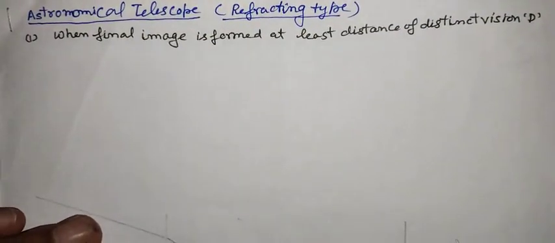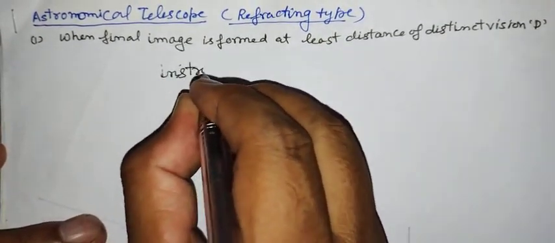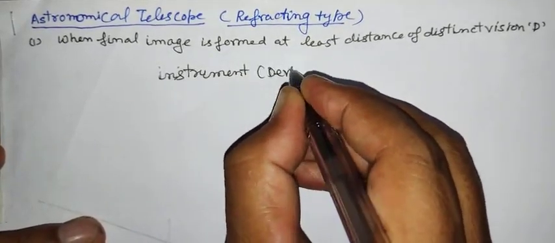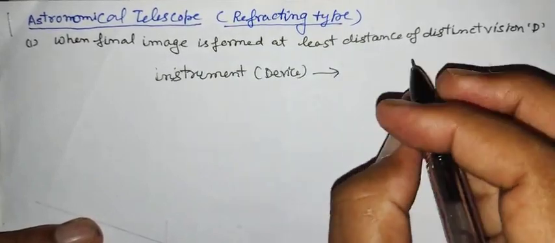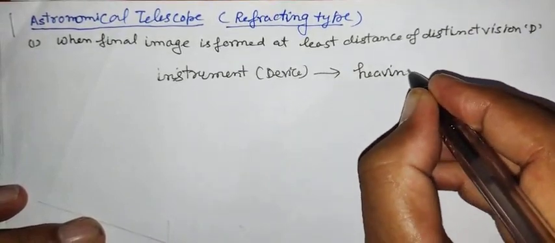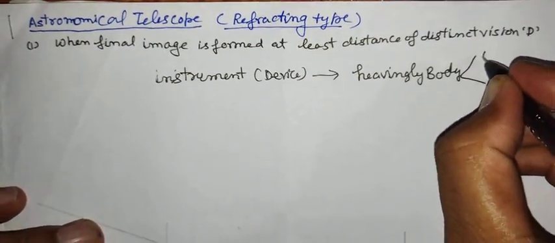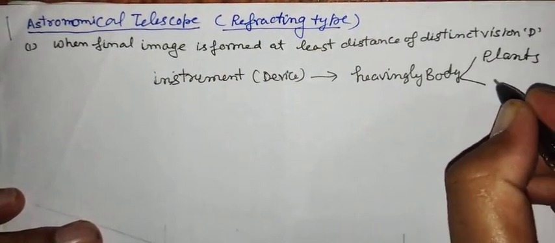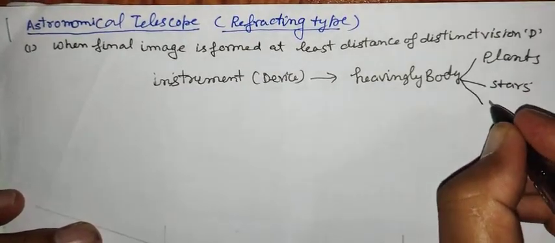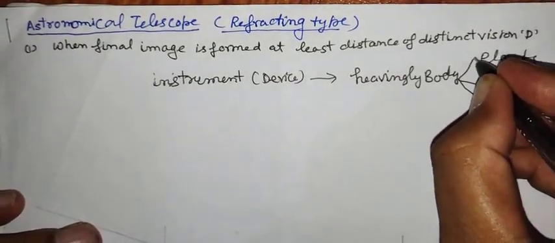We know that a telescope is an instrument, also called a device, to see heavenly bodies such as stars, planets, and satellites like the moon, etc.